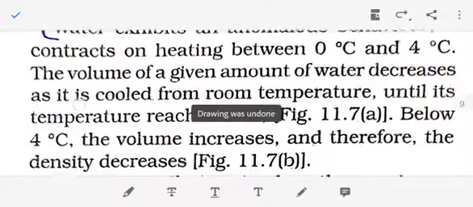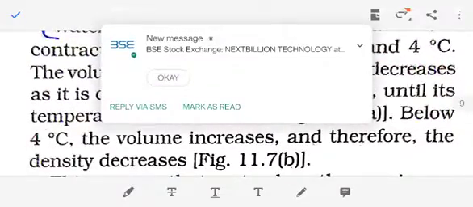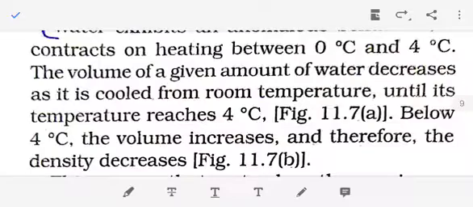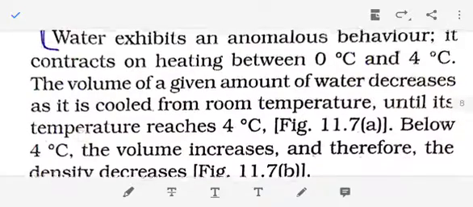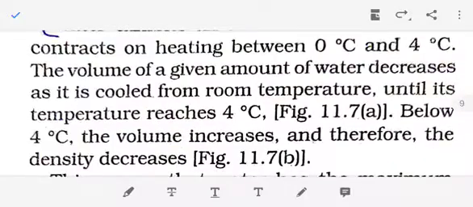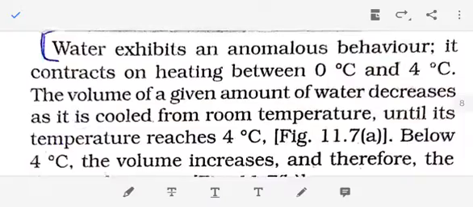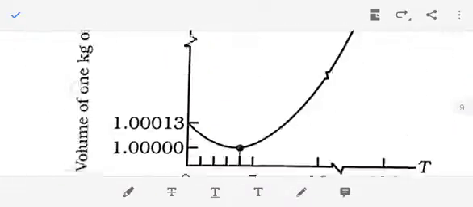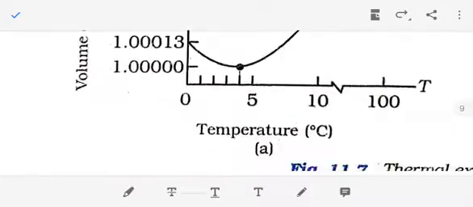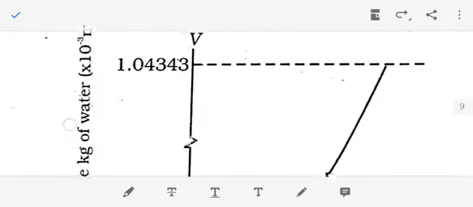The volume of a given amount of water, as it is cooled from room temperature. For example, it is initially at room temperature, and this is the curve for the water.